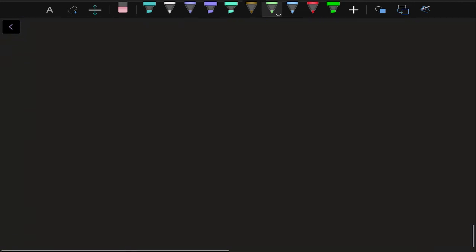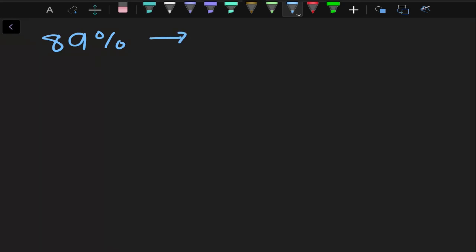And we can do a couple more examples. So next I have 89%. And just to show a different way for this time, if we remember, percent means per 100. So I can write this as 89 per 100.